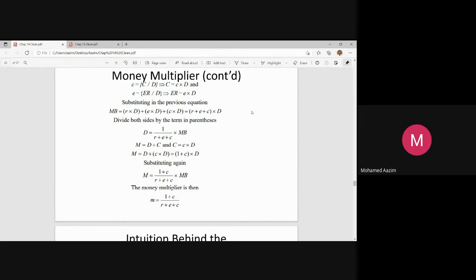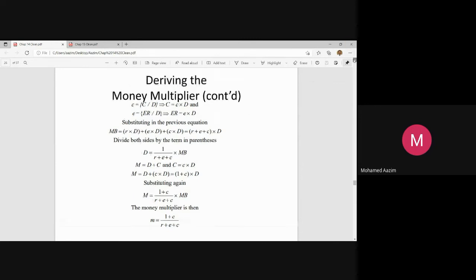So now what you are trying to do is expand again the C and excess reserves ER in the equation you just derived in the previous slide.